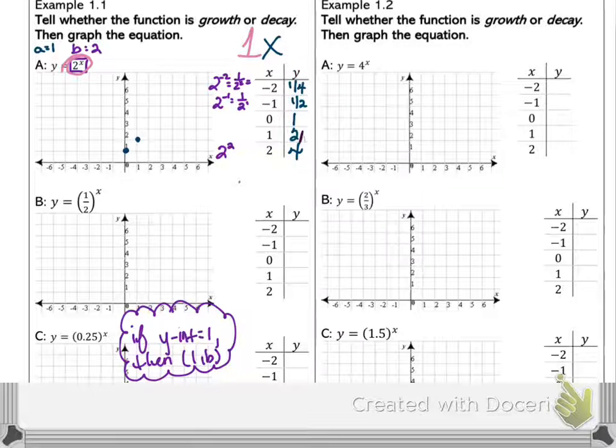So if I had 1/4 and I multiplied it by 2, it would give me 0.5 or 1/2. If I were to take 1/2 and multiply that by 2, I would end up with 1. If I were to multiply that by 2, I would get 2. Multiply that by 2, you get 4. So we can see that whatever you can multiply all of these numbers by to get to your next one should be the rate of change or the base of your exponent.